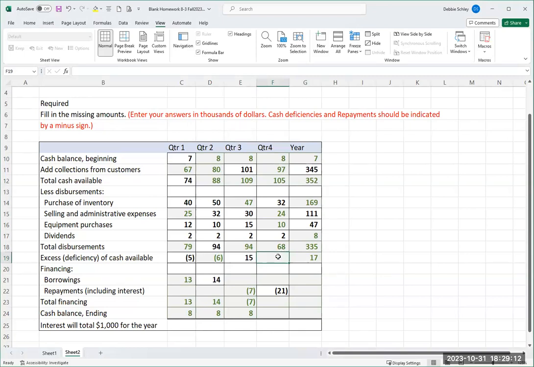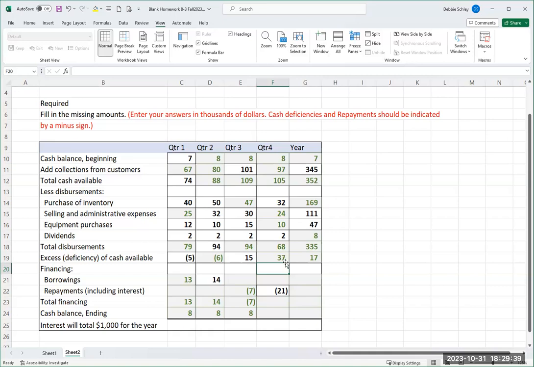So again, excess or deficiency of cash available, that is the total cash available minus the total disbursements. So, okay, so there, now I've got quarter four, I've got the year, it's just the total cash available minus the total disbursements. That equals my excess or deficiency of cash available.